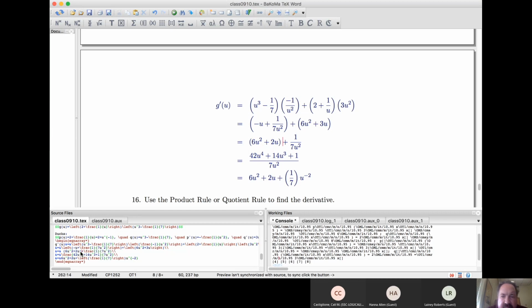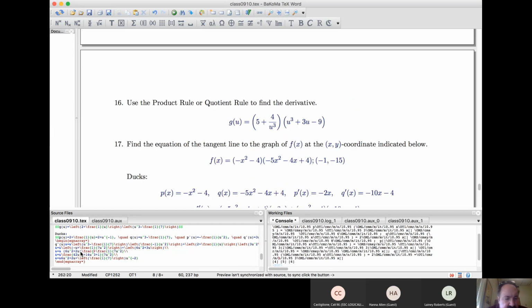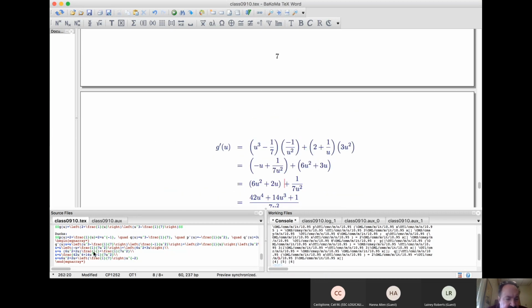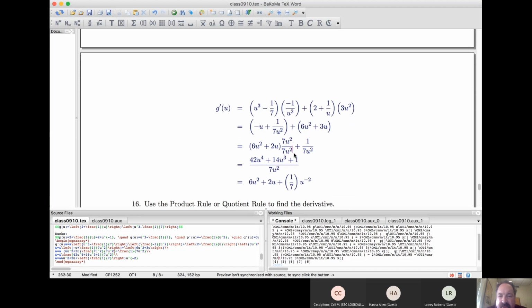But now what I'm going to do is take this part that doesn't have that denominator and multiply and divide by the denominator of the other term, 7U squared. That way I can have everything over a common denominator of 7U squared. So I have 6 times 7, 42U to the 4th, add the exponents, plus 14, 2 times 7, U cubed.